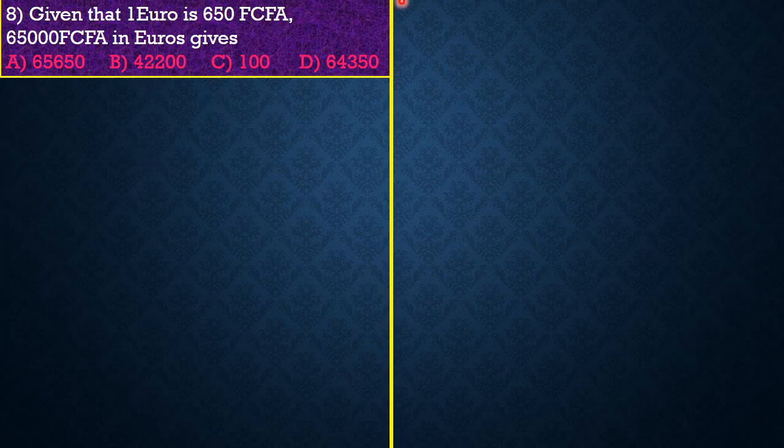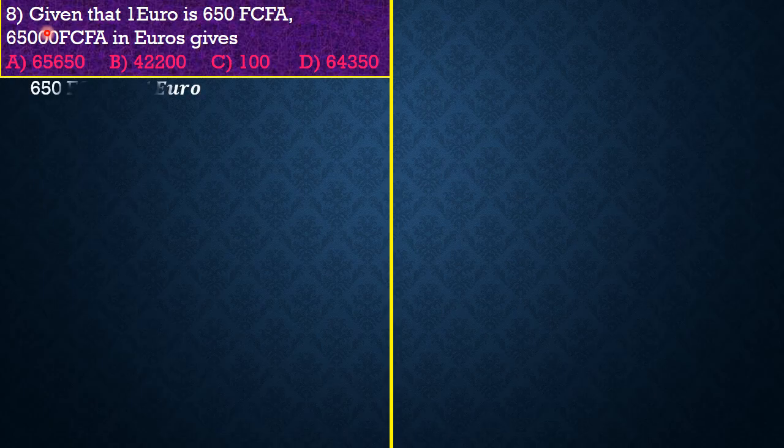Okay, friends, question 8 reads that given that 1 euro is 650 francs CFA, 65,000 francs CFA in euros gives, okay, these are the various options. The easiest way for us to do this is simply by the use of simple proportion.